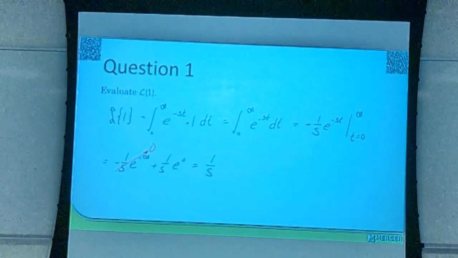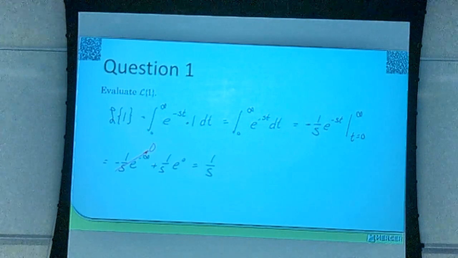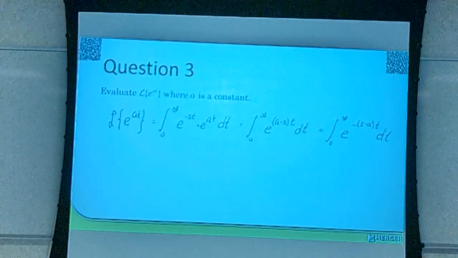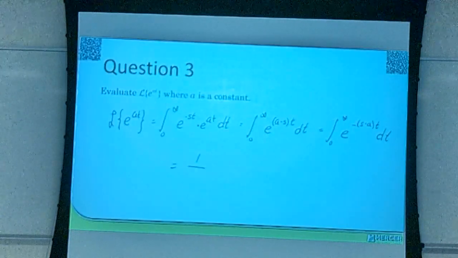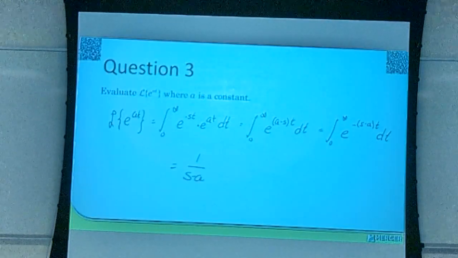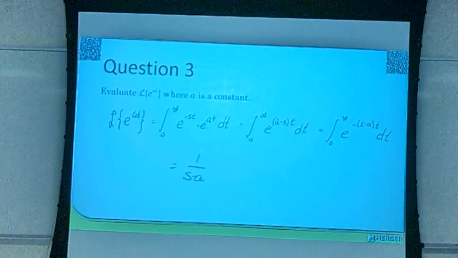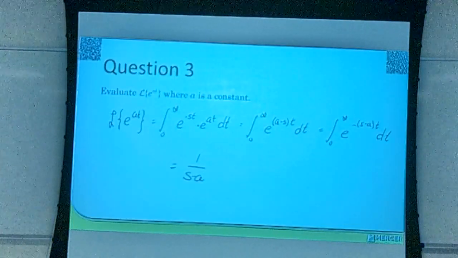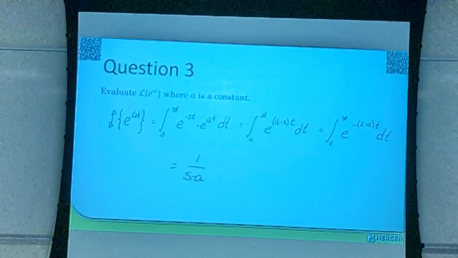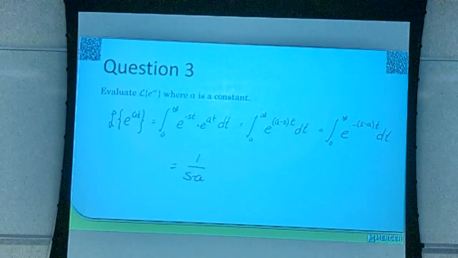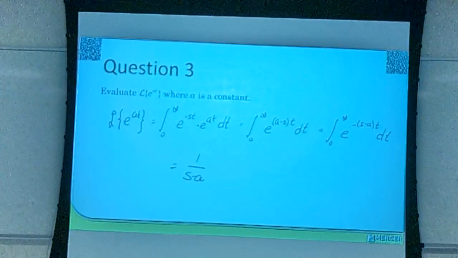Replace s minus a with just s, and we already did it. So you're 1 over s minus a. Can you repeat that? I already did that integral.